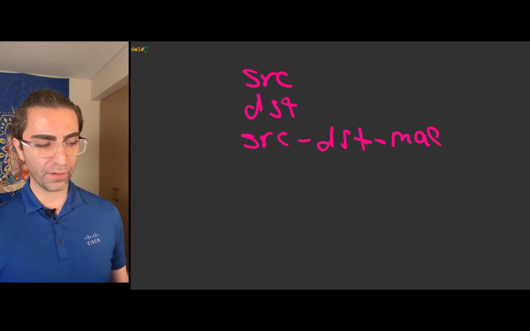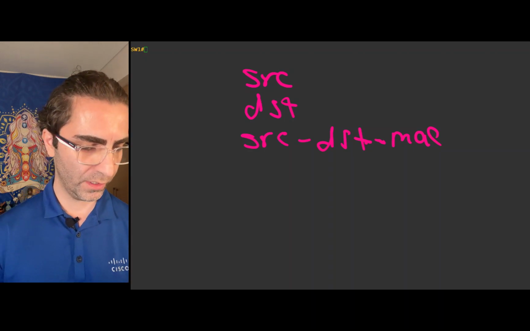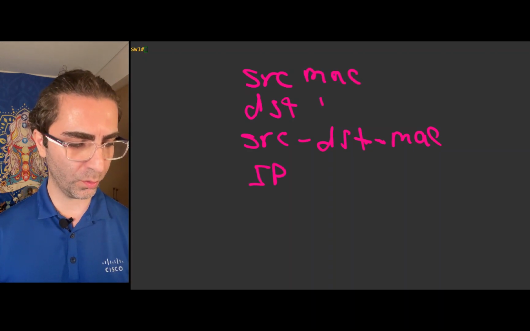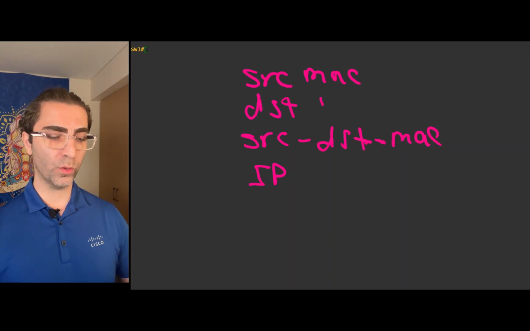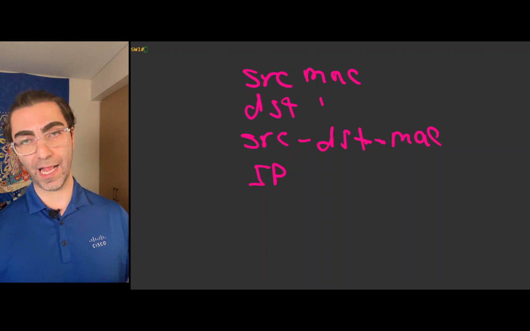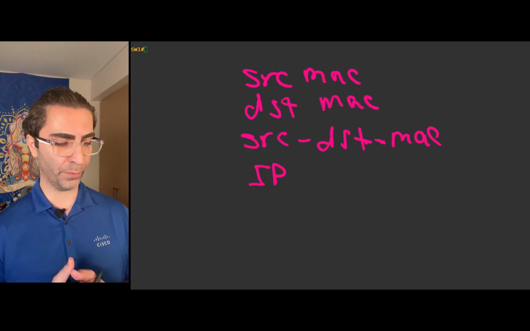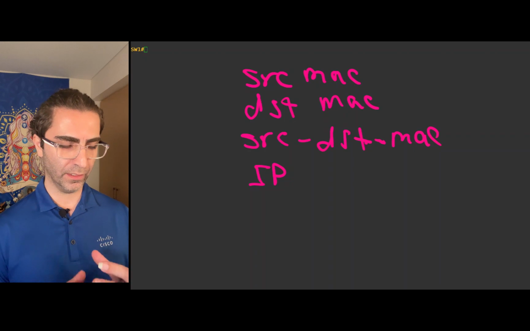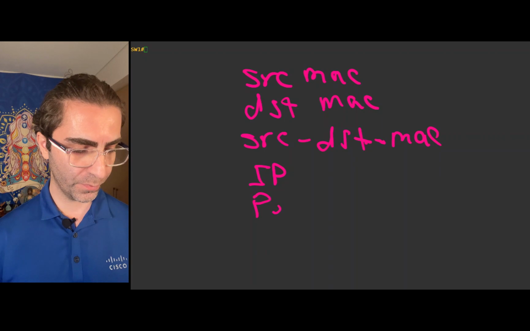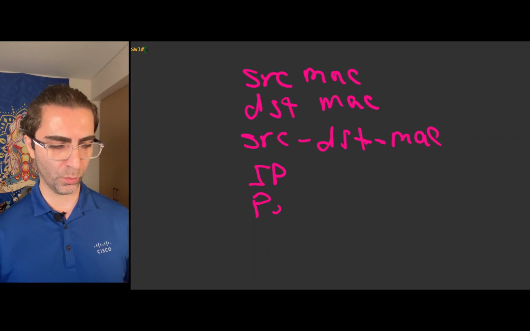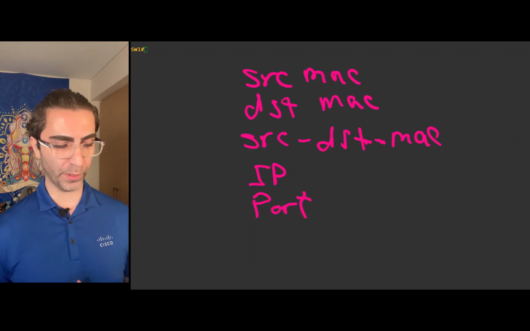Similar thing for IP: source IP address, destination IP address, or source and destination IP address, where the switch does an XOR operation on the packets and then decides which link it should send it over. Or port: source port, destination port, or source and destination port, which means TCP and UDP ports.